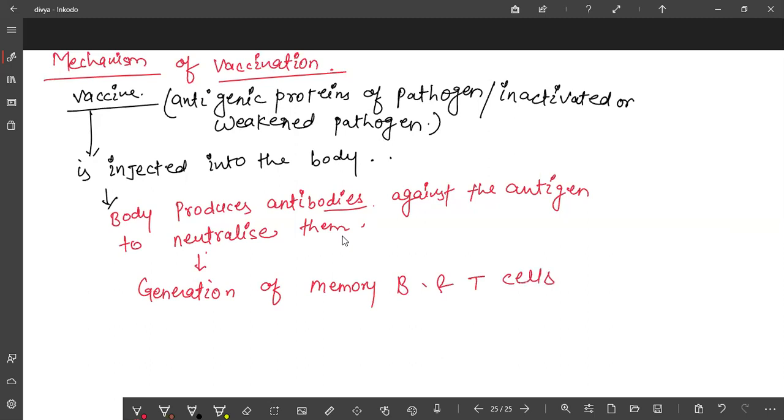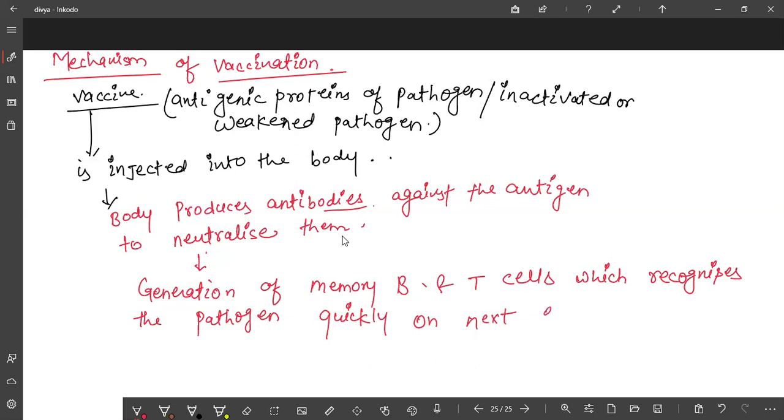So there is generation of memory B and T cells, which recognize the pathogen quickly on next exposure of the antigen, by massive production of antibodies.